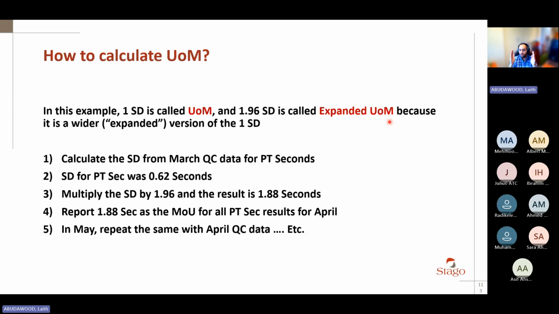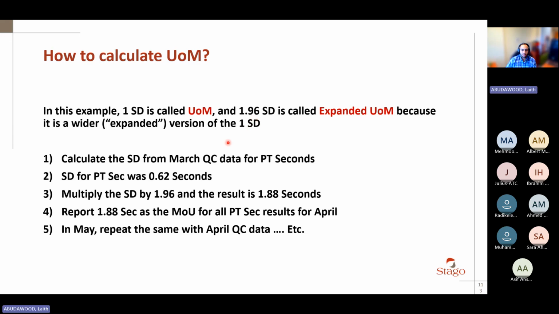Because uncertainty of measurement is 1 SD, expanded uncertainty of measurement is about 2 SD. So it's just bigger, it's expanded, it's stretched. Nothing fancy. Expanded uncertainty of measurement means the uncertainty of measurement multiplied by 1.96. Again, why 1.96? It represents 95% of the measurements, without going much further into this point.